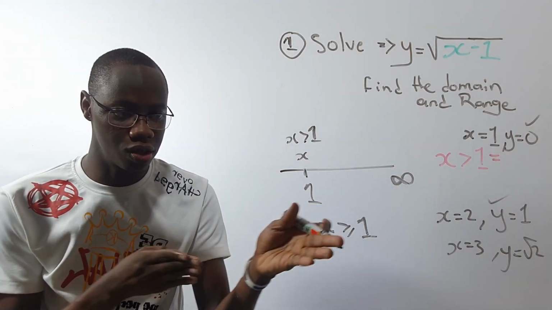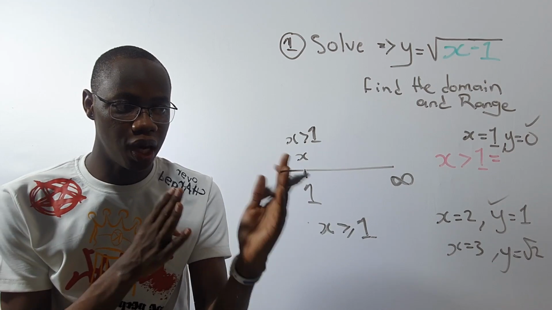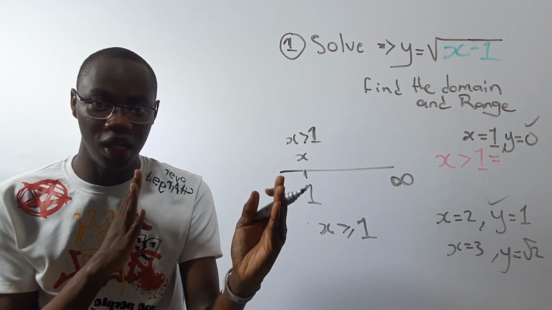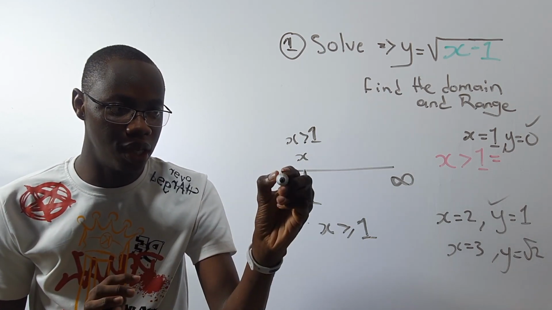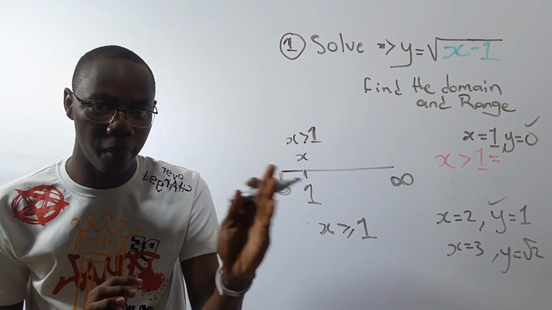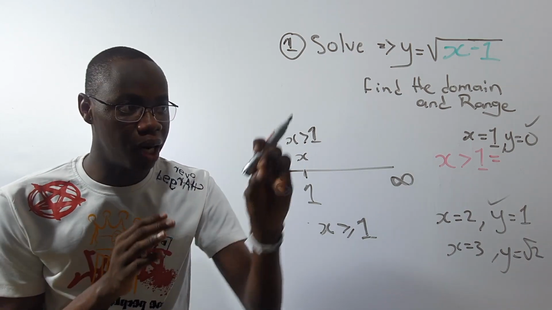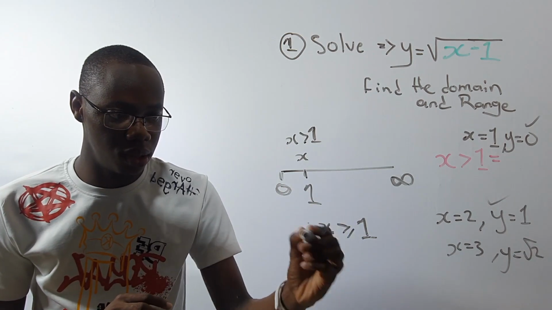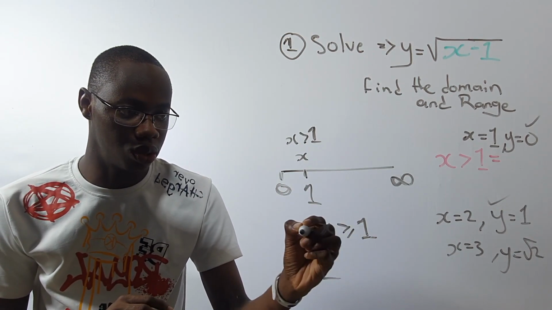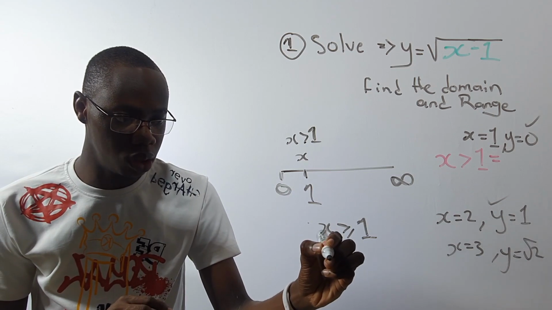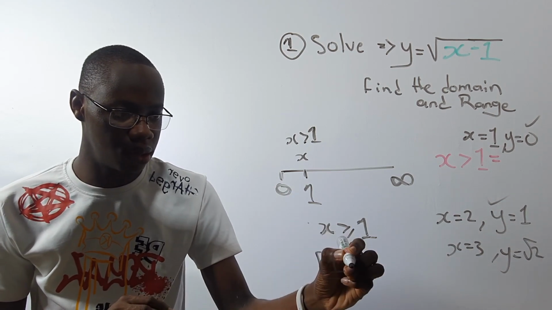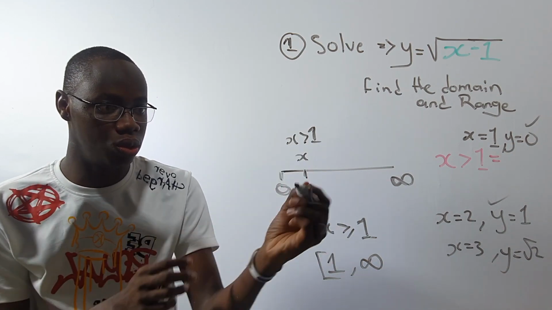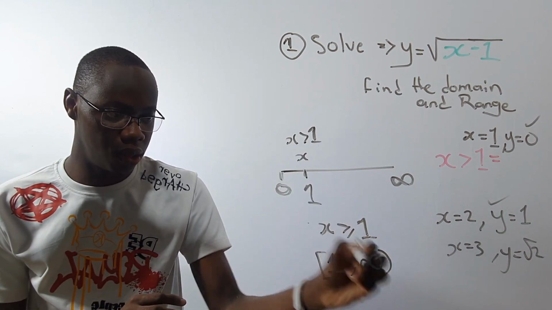Now you see the reason why it's greater than or equal to 1, because if x should move to 0 or negative values, we can never map out a range that will make any sense. So now we can put this in this notation, that x is 1 to infinity. Put the number line so it makes sense to you. 1 to infinity, not inclusive.